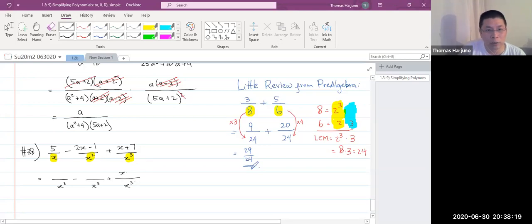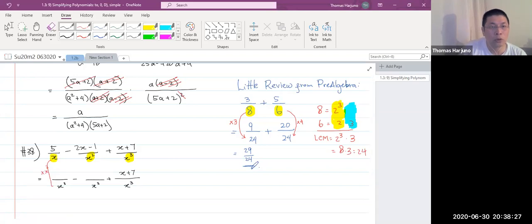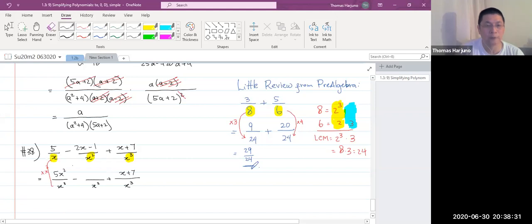This will be x plus 7. For the first one here, I multiply the denominator by x squared, so the numerator will be multiplied by x squared. And for the second denominator here, I multiply by x. Therefore, on the top, I multiply by x. That will be x times 2x minus 1.